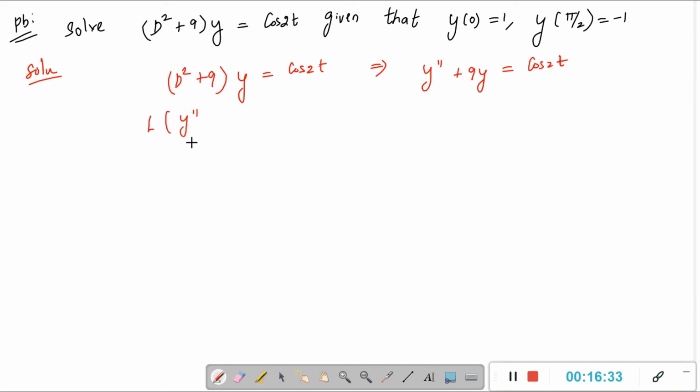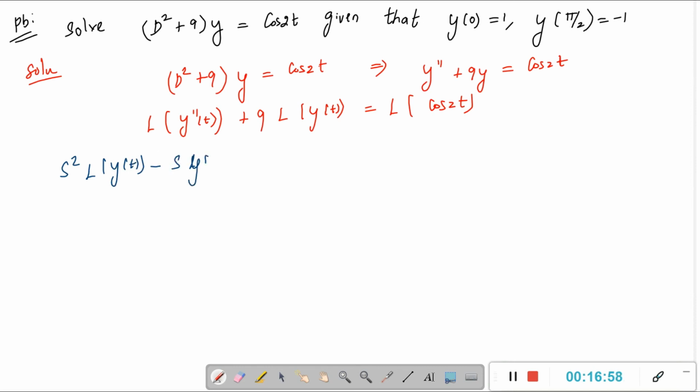L of y double dash of t plus 9 into L of y of t equal to L of cos 2t. If you apply the property, you may get s square L of y of t minus s into y of 0 minus y dash of 0 plus 9 L of y of t.